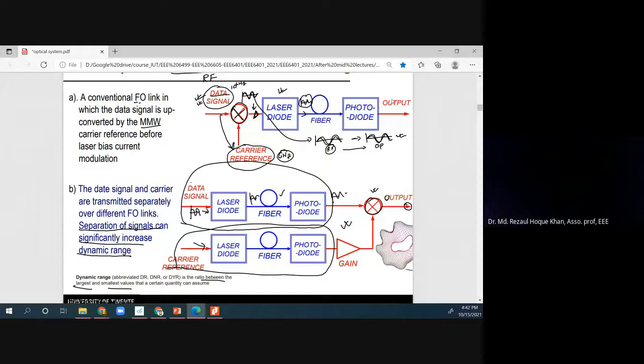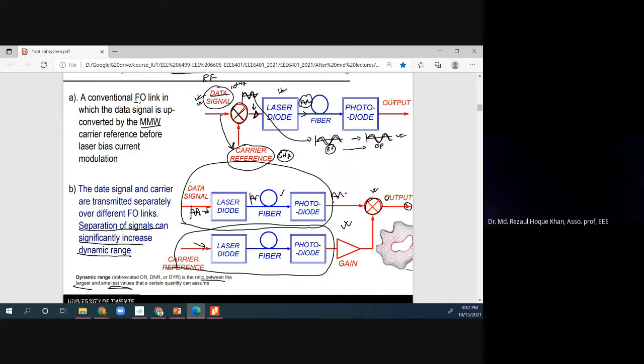If you have a high dynamic range picture, it means you can zoom in a very high number, 10 times, and still your picture will be very clear, isn't it? Because you have the very smallest quantity and the largest quantity both; that range is very high.